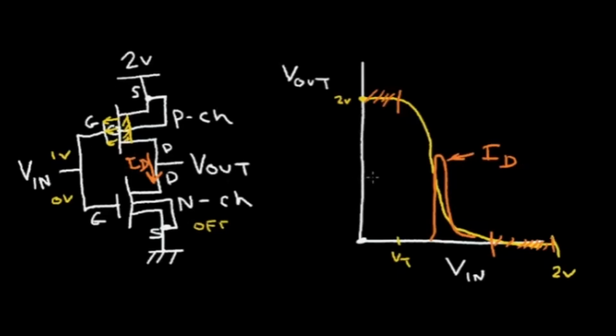So the beauty of the CMOS inverter, and CMOS in general, is that when the transistors are just sitting there, where say the output is at a high voltage or the output is at a low voltage, in both cases the power dissipation is almost nothing. So we could have a lot of inverters and similar circuits on a CMOS integrated circuit and the power would be quite low.